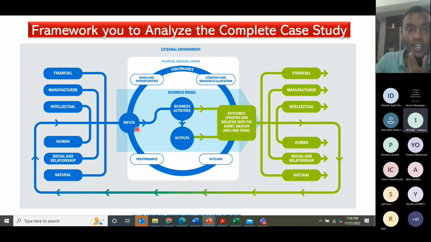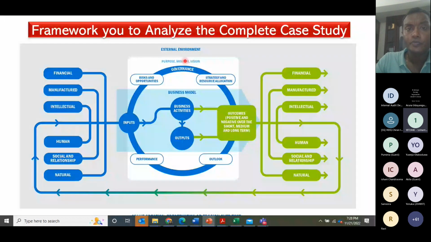So to create value in the middle, you need to have not only your input, you are doing your business, but you have to essentially operate within this circle. One is you have to get a good purpose why you are in business. That's mission, it is critical. Go to the case study and see what their mission is. Why mission is important: they cannot have a strategy which contradicts the mission, right?